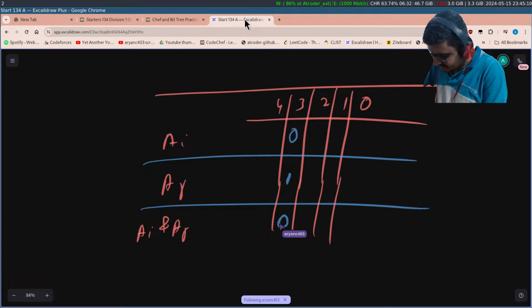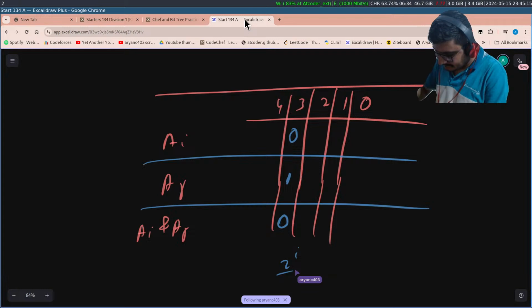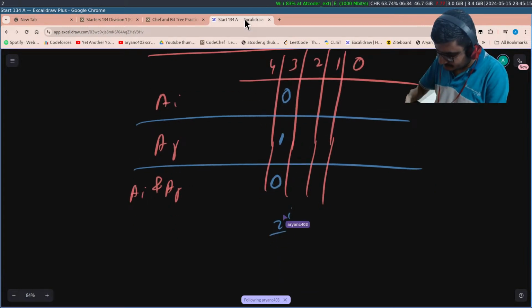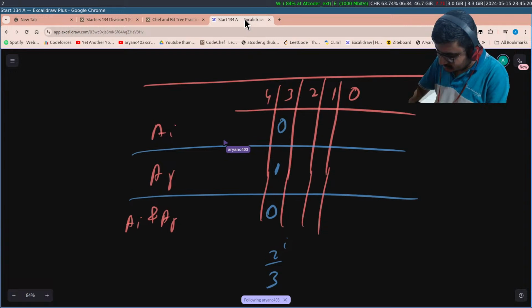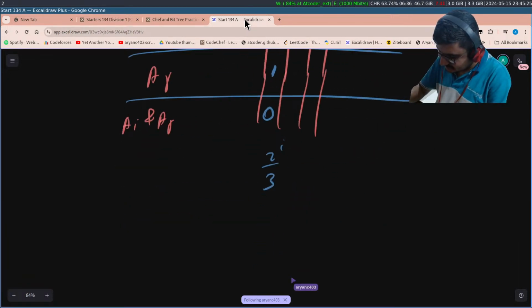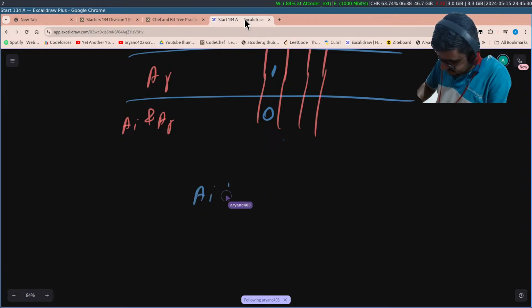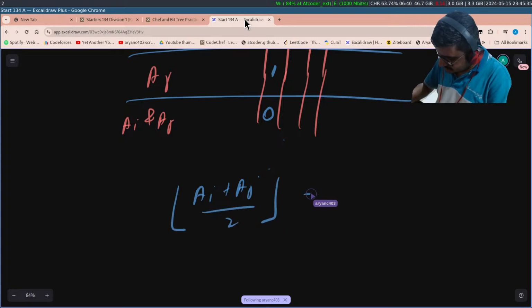So overall we would be left with 2 to the power i divided by 2 in the complete part. The contribution due to this in the sum would be (a_i + a_j)/2 minus (a_i AND a_j).